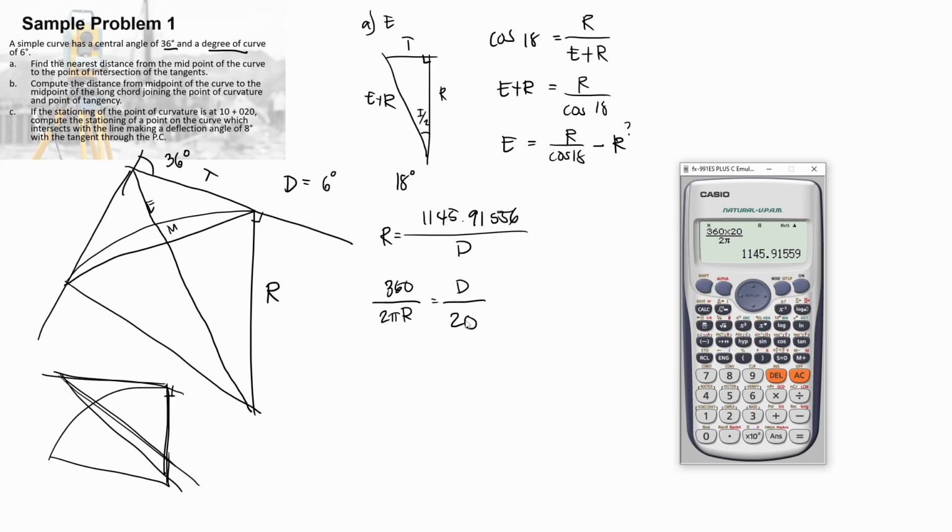So babalik siya dito, ito yung magiging final niya. Or D is equals to 1145.91559 over R. Pwede kasi natin pagpalitin, cross-multiply. Okay lang. So yun yung formula natin.